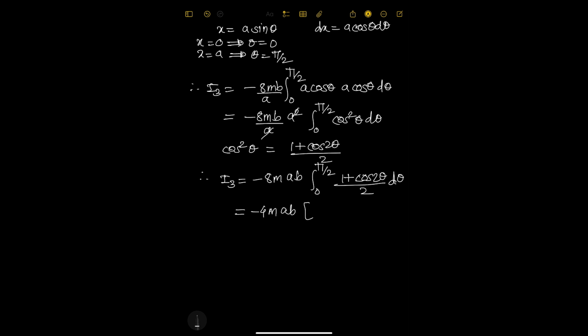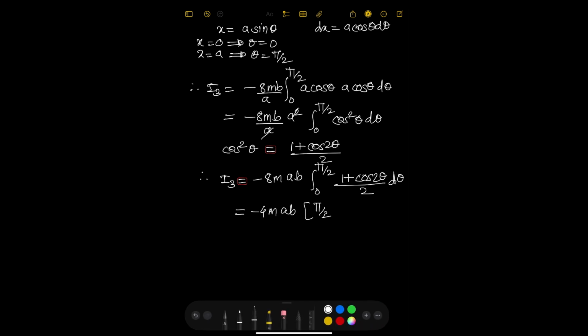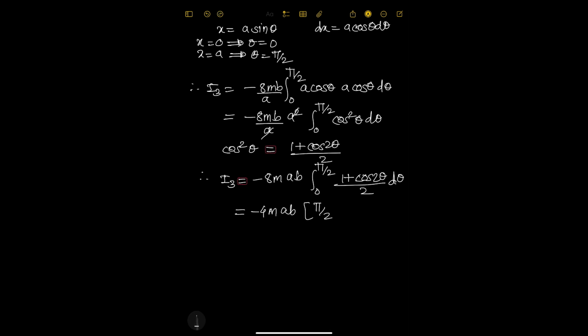into pi by 2, then this becomes sin 2 theta by 4, sin 2 theta by 2.